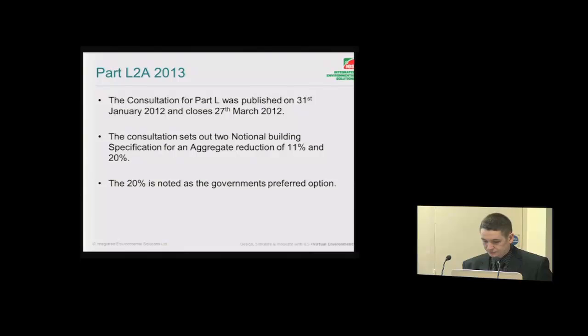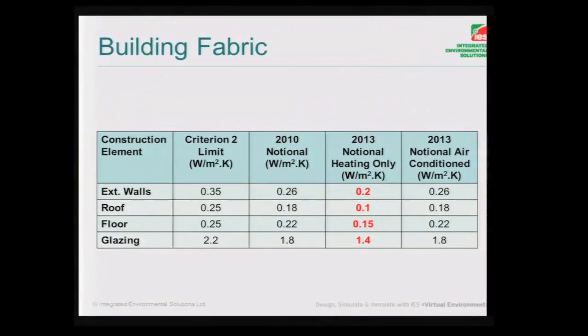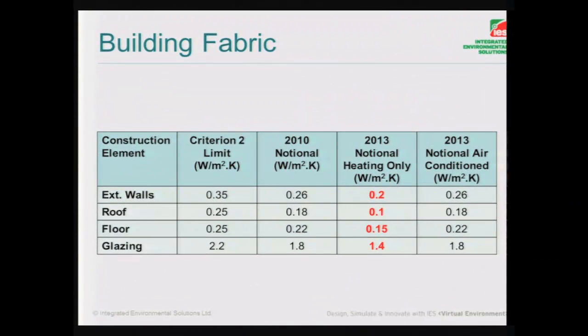Okay. Now I'll talk about some of the differences that we have in the 2013 notional building. One of the key differences is that rather than just having one specification for the notional building, we've got two. And that really depends on whether the building is going to have heating only or whether it's going to be air conditioned.